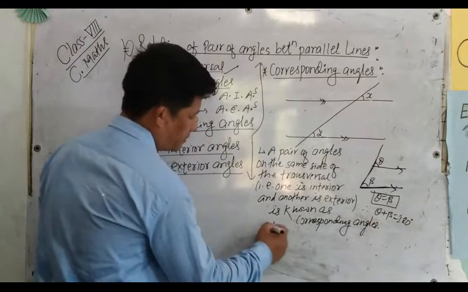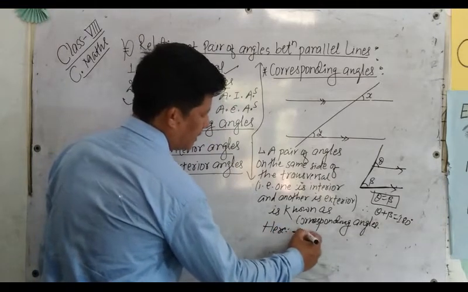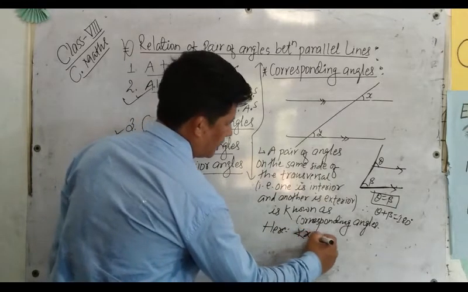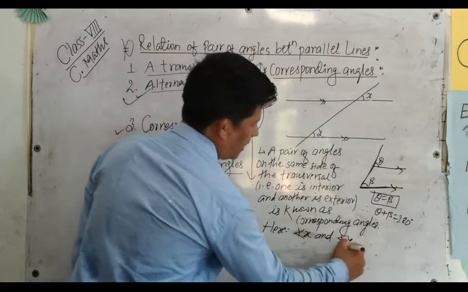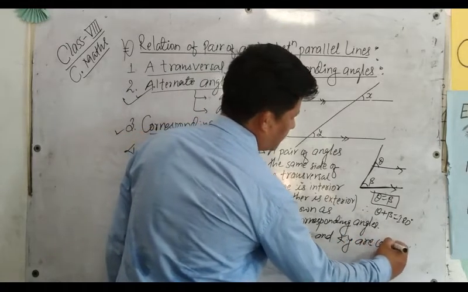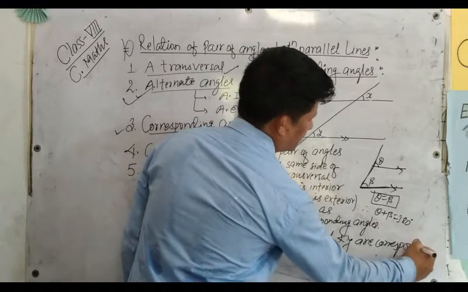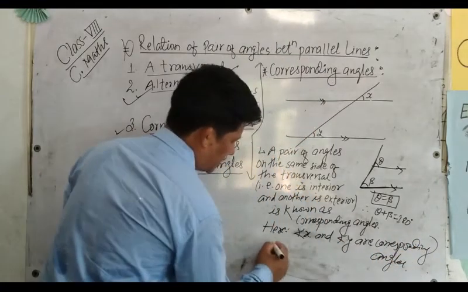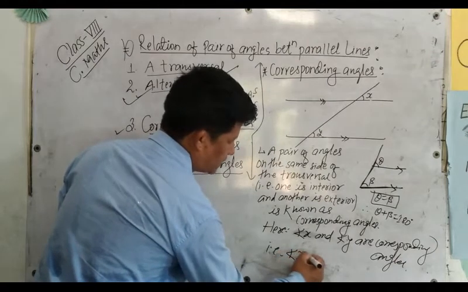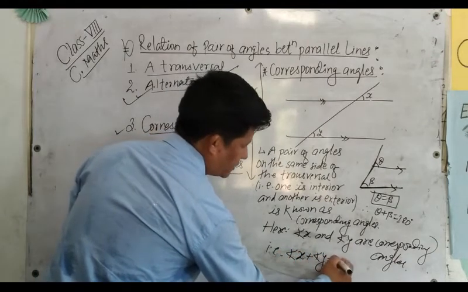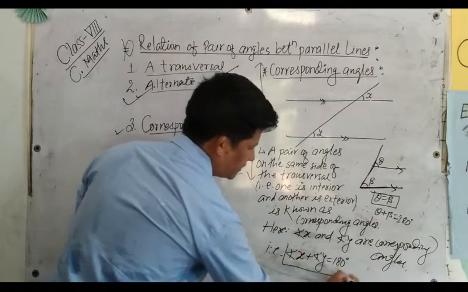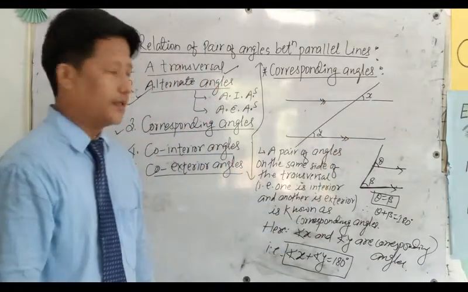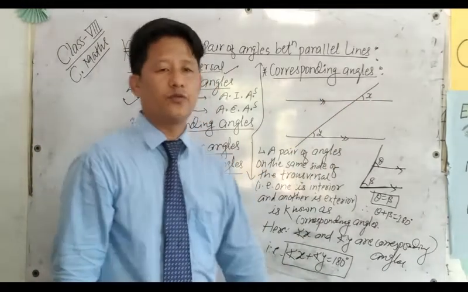So here angle x and angle y are corresponding angles. If the angles are corresponding, then their sum must be equal to 180 degrees.